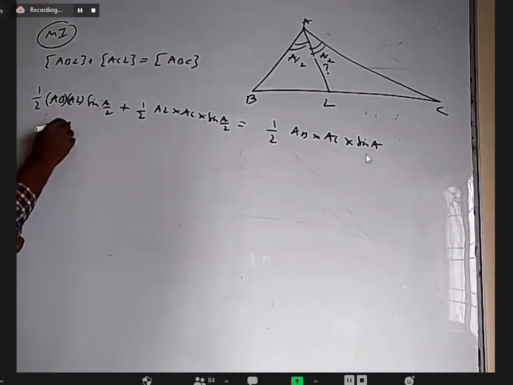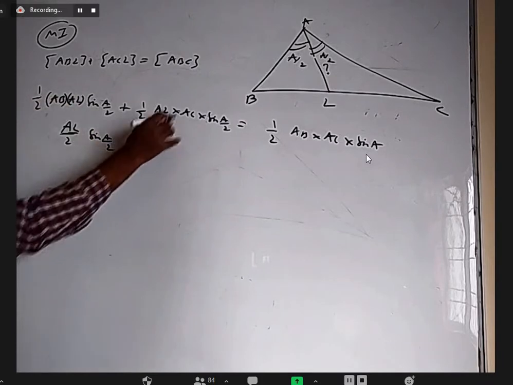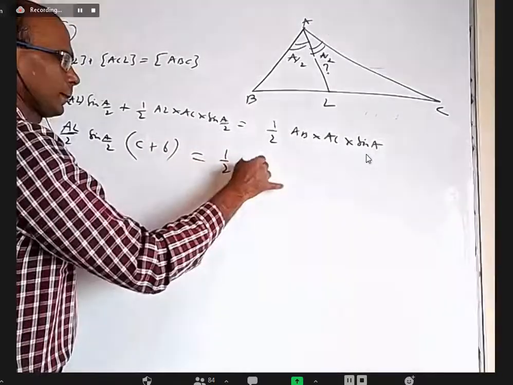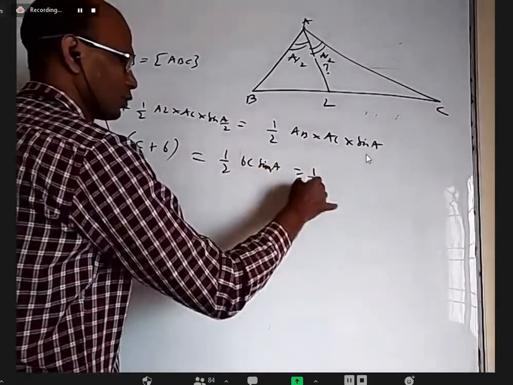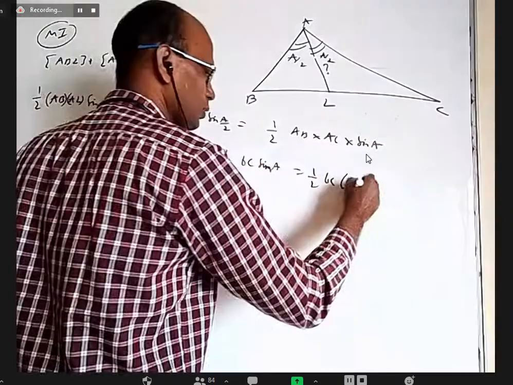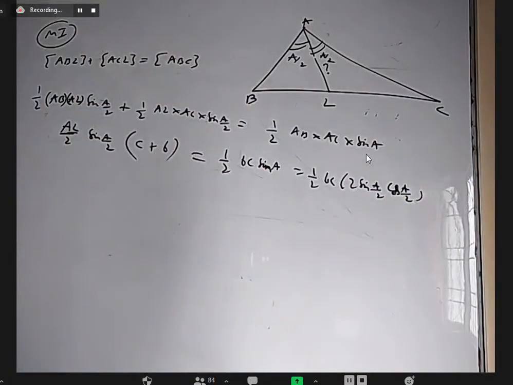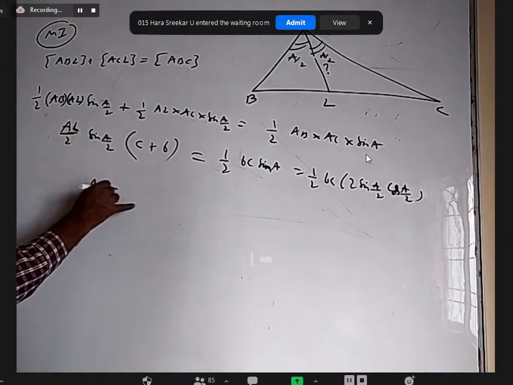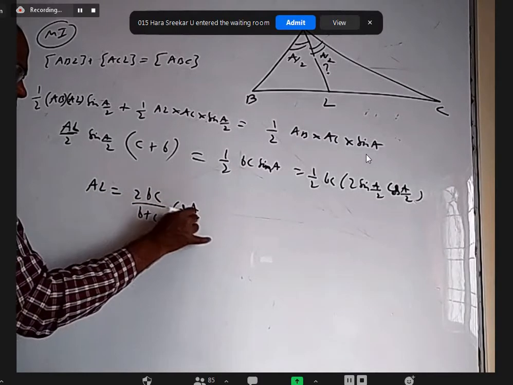Here AL by 2 is common. Sine A by 2 is also common. AB is small c and AC is small b. Here it is half into bc into sin A, and I can write sin A as 2 sin A by 2 cos A by 2. Sin A by 2 will cancel, and AL length will come as 2bc by b plus c into cos A by 2.